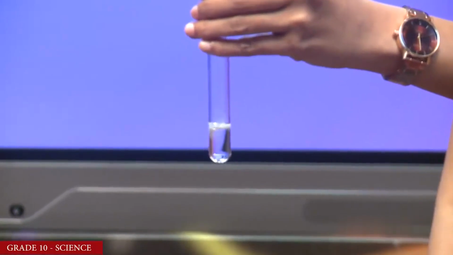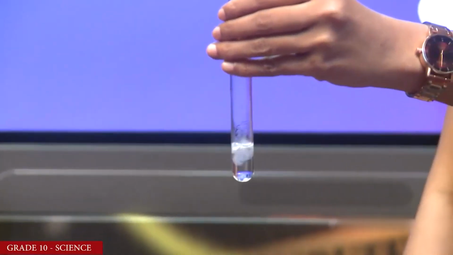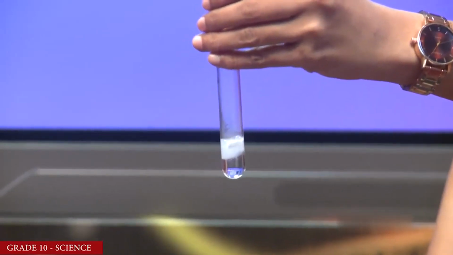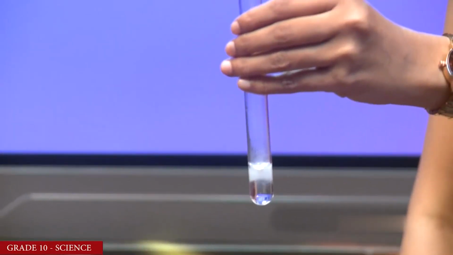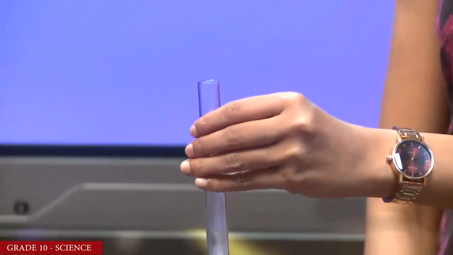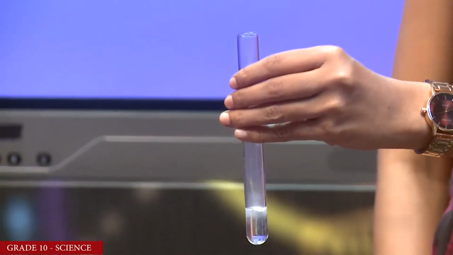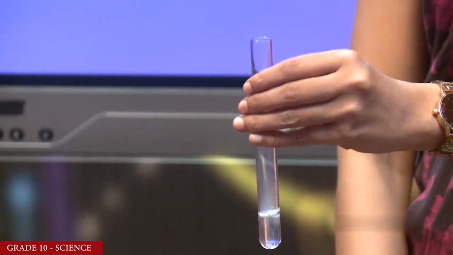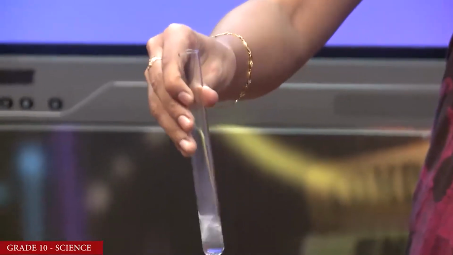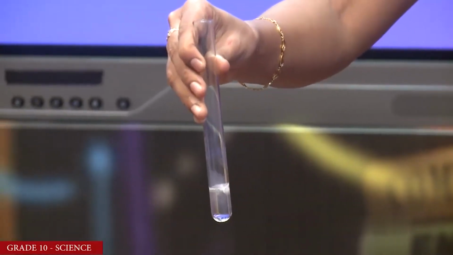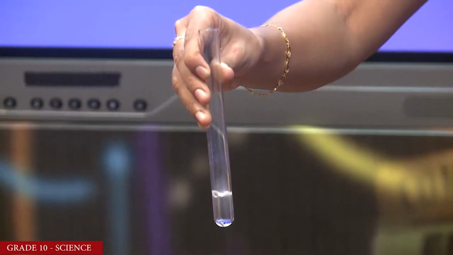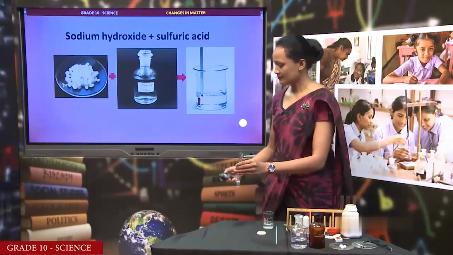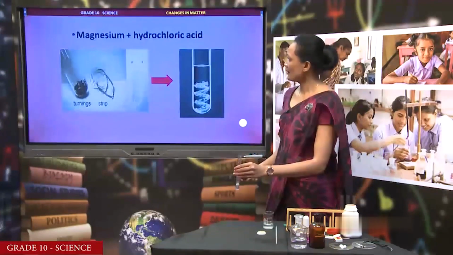Now look at that one. What happened here? Magnesium starts to react with the acid. At the same time, gas bubbles are evolving. That means magnesium reacts with the acid here.